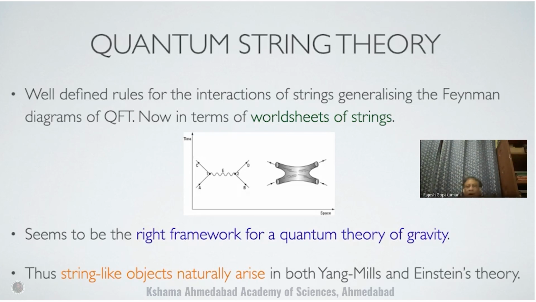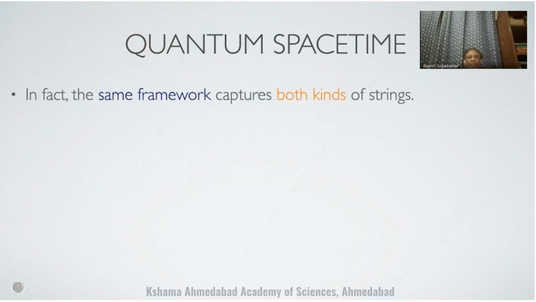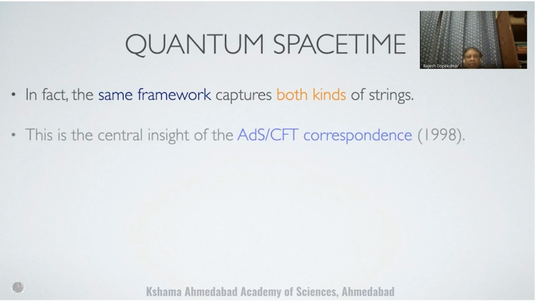There also string-like objects appear. And in fact, the equations for these strings seem to be related. So the same framework captures both kinds of strings, the strings to describe the flux tubes or the lines of flux of Yang-Mills-like theories, and the strings that describe gravitational forces at the quantum level.